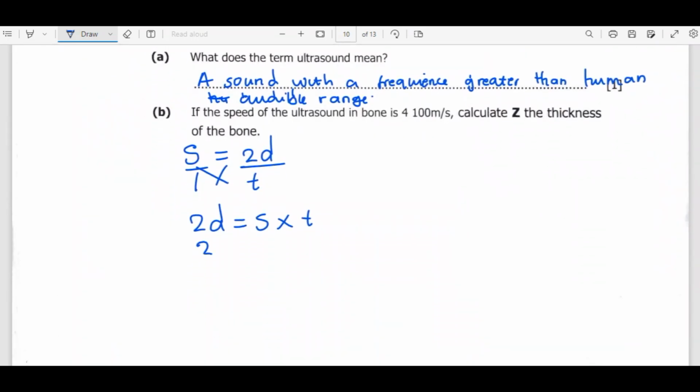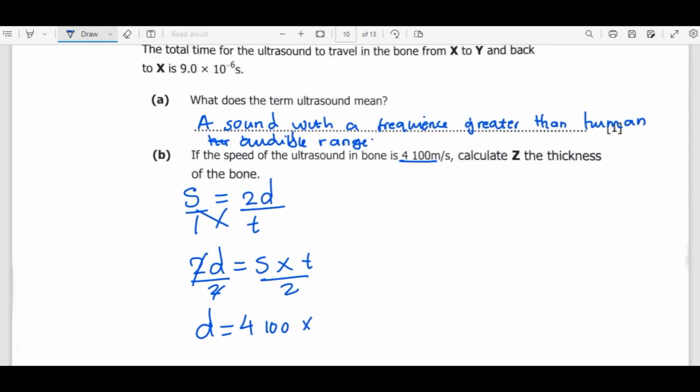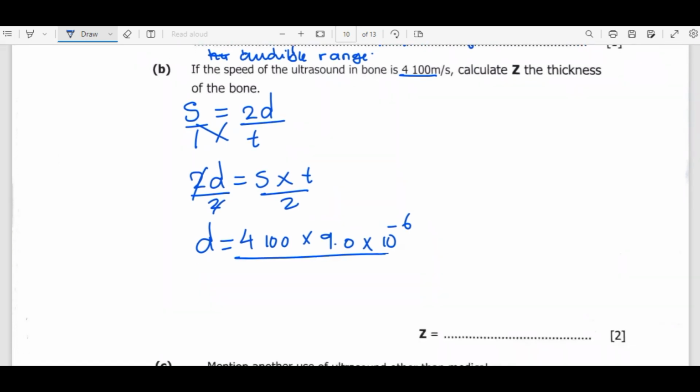Then we'll say 2D. Okay, so since we are solving for one distance, we need to divide by 2. So whenever you want one distance given the echo information, this is what to use. So the speed is 4,100 times the time given, which is 9.0 times 10 to the power negative 6. Then you divide by 2.